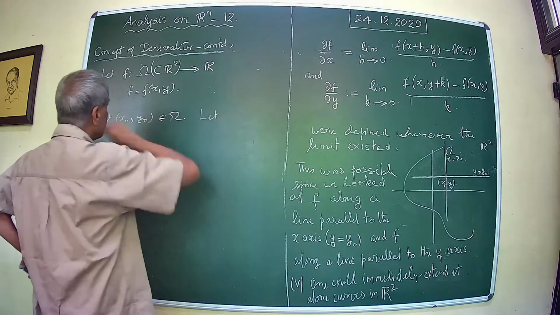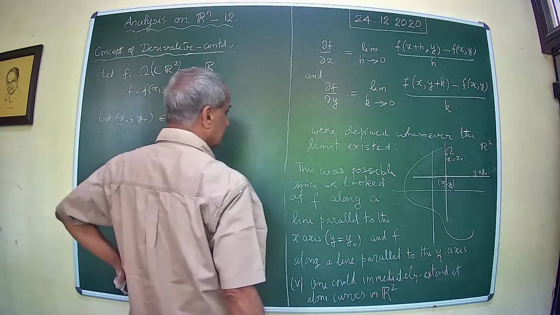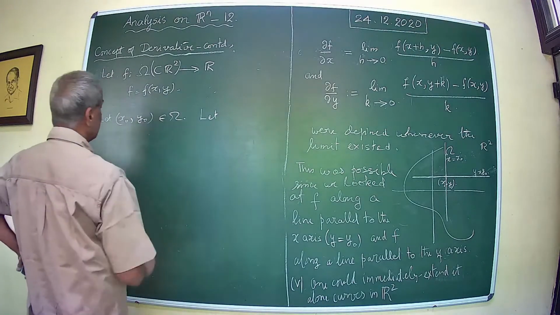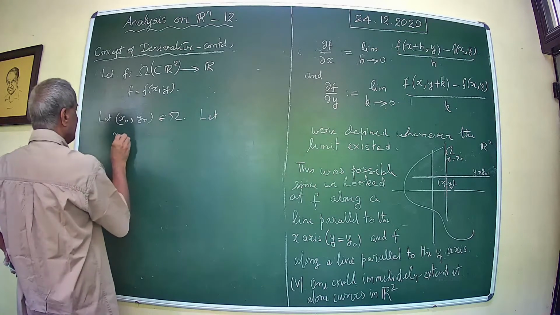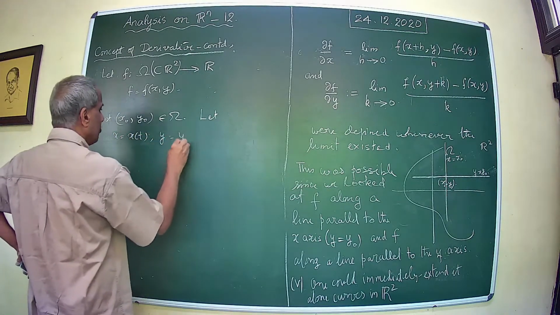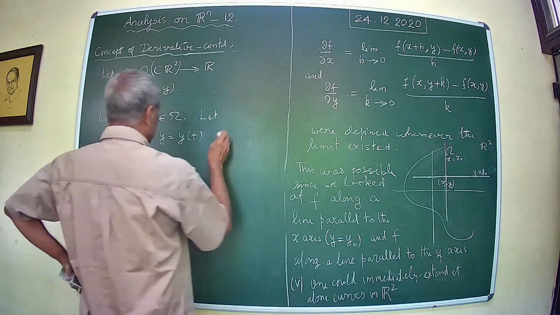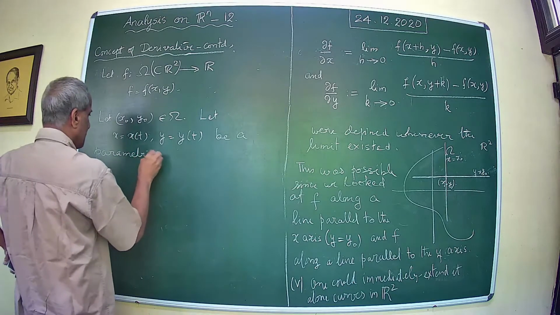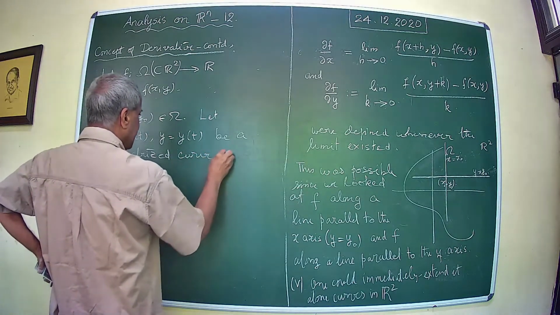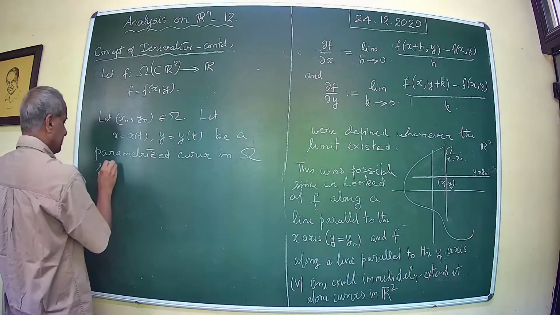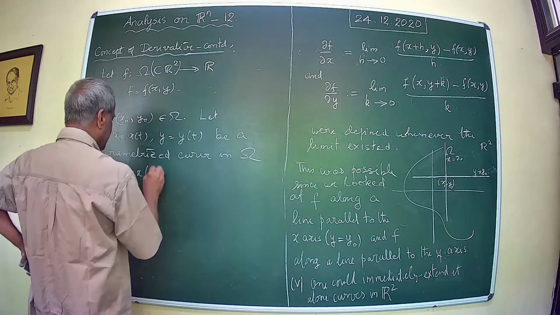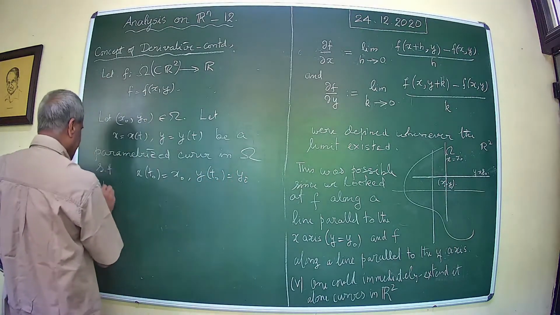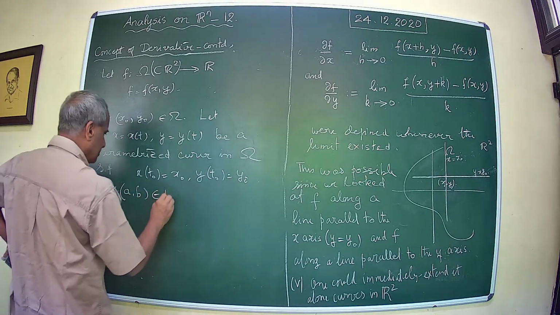Let x equal to x(t), y equal to y(t), be a parameterized curve in omega such that x(t naught) equals x naught, y(t naught) equals y naught, and t belongs to some interval T. This is the parameter.